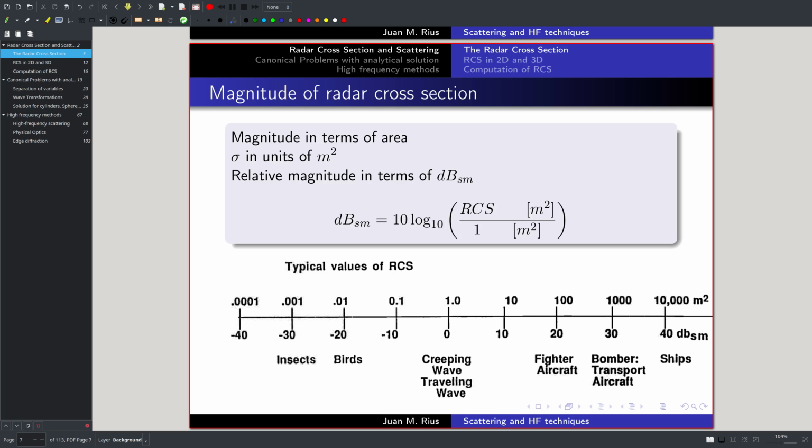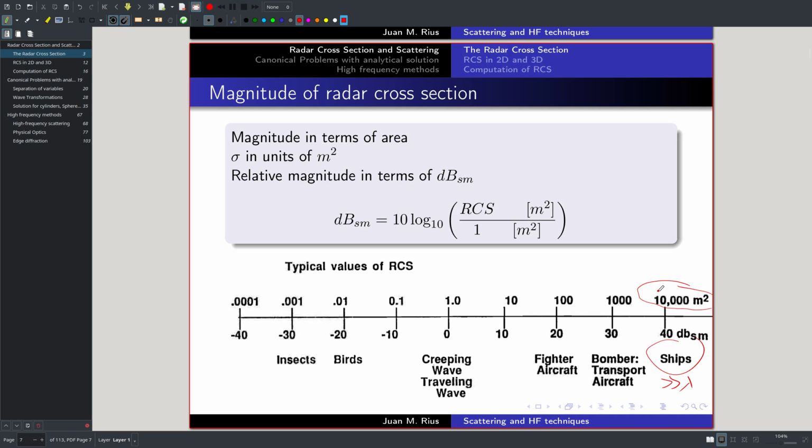The radar cross-section is very often represented in dB scale, logarithmic scale, because there is a huge range of possible values of radar cross-section. For example, very large targets that are much larger than the wavelength have very large RCS values of tens of thousands, or even in extreme cases hundreds of thousands of square meters.